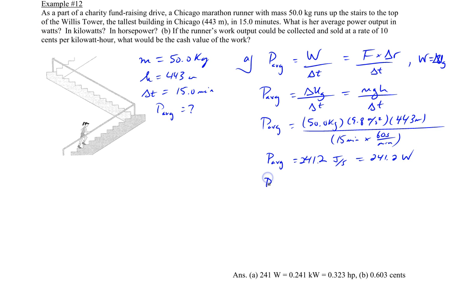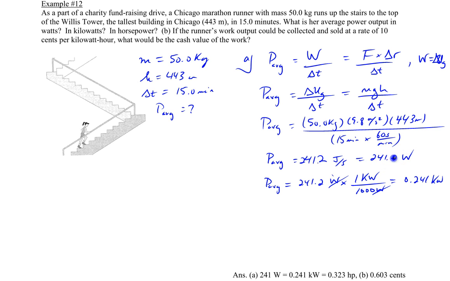If you need to convert from watts to kilowatts, 241.2 watts, we would multiply by 1 kilowatt over 1,000 watts, because that's what 1 kilowatt is equivalent to, and the watts would cancel out, and so when you divide by 1,000, you're going to get 0.241 kilowatts.